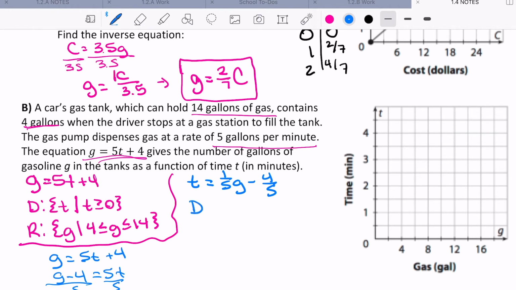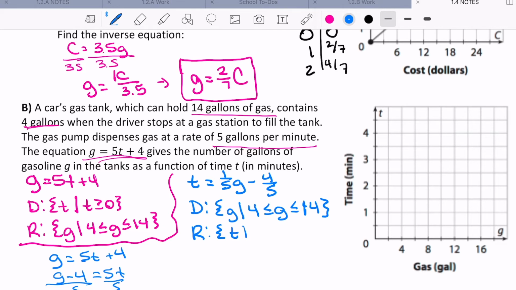The domain becomes the gallons, so G, 4 to 14, and the range becomes time. Now, here's what I want you to consider. For the original function, we said that time had no restrictions.